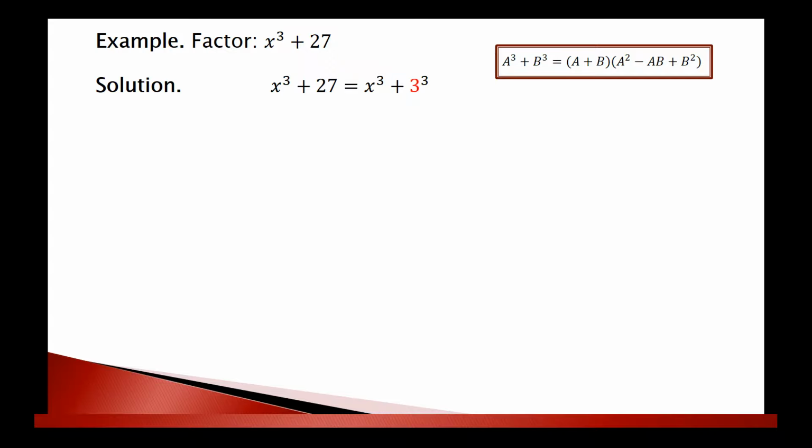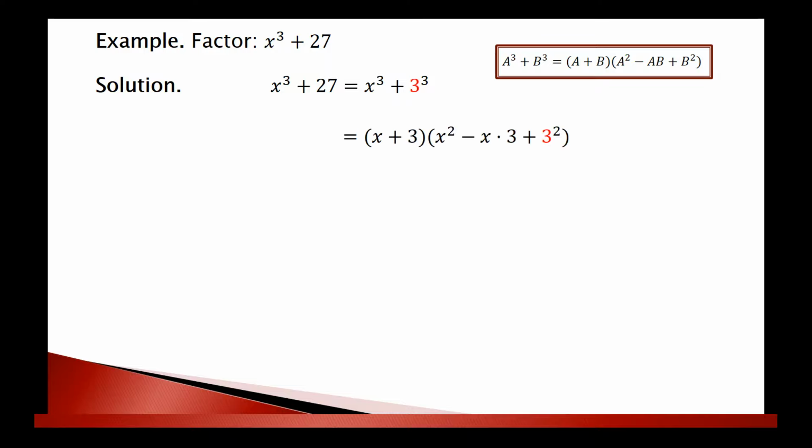In this example, we'll factor x cubed plus 27. We can write this as x cubed plus 3 cubed, and we can see that this is the sum of two cubes. So we take x as a and 3 as b, like a cubed plus b cubed.